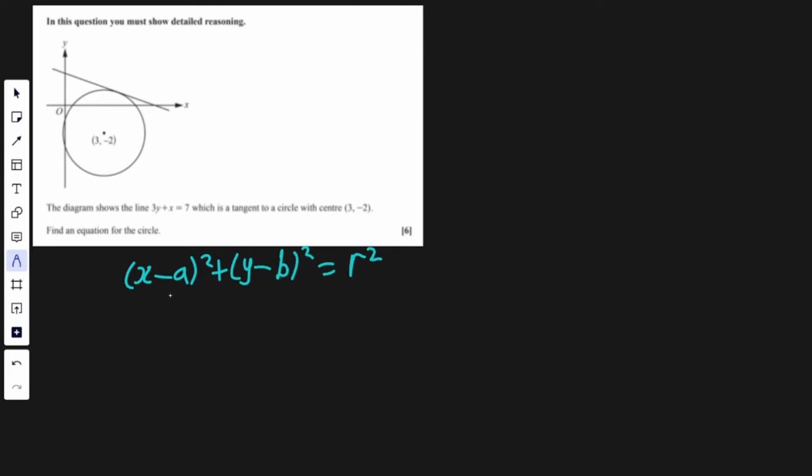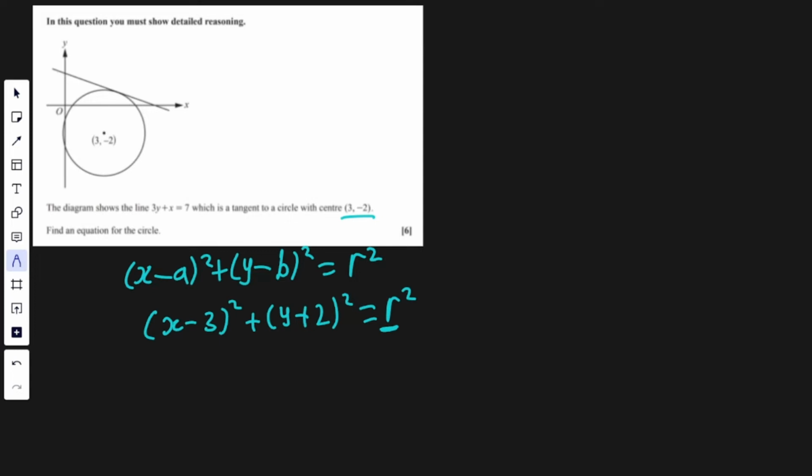So straight away we can deduce that a and b are going to match up with this. We've got our centre, so that's as much as we can fill in to begin with. So we get our circle equation is the same as this, and we're left with one unknown.